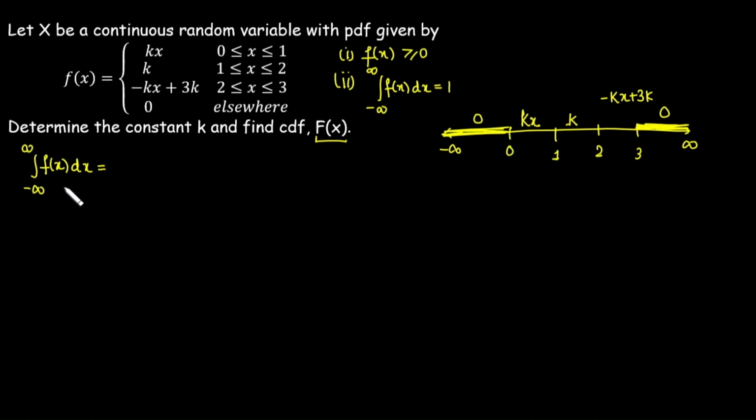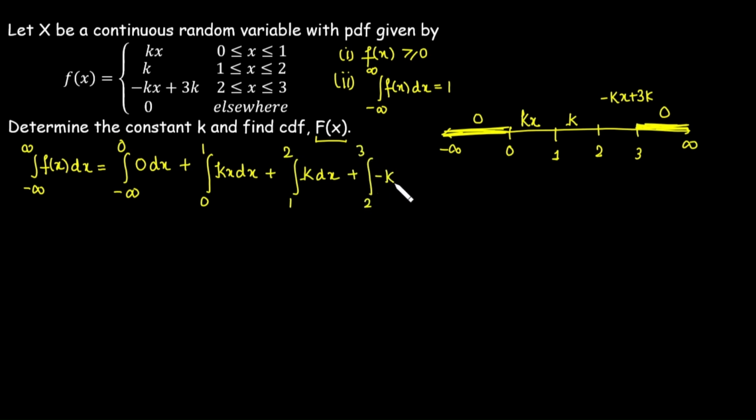So we can split this integration over these intervals. We can write minus infinity to 0, the function value is 0 dx, plus 0 to 1, function value is k of x dx, plus 1 to 2, function value is k dx, plus 2 to 3, function value is minus k of x plus 3k dx, plus 3 to infinity, function value is 0.